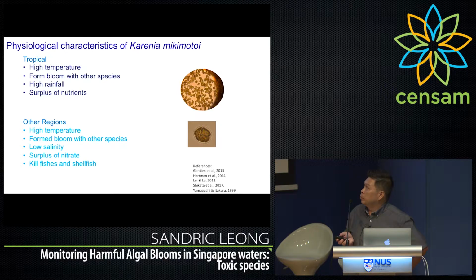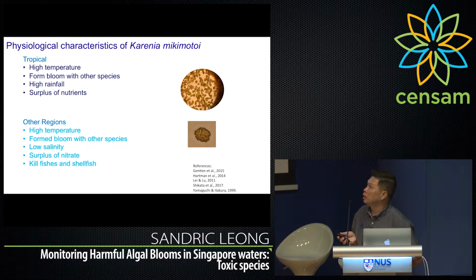Some of the results which we were able to conclude from monitoring using such instruments are that in tropical areas, the toxic Karenia mikimotoi blooms at higher temperatures, and it could also form blooms with other species such as diatoms, but they are the dominant species within the phytoplankton community.